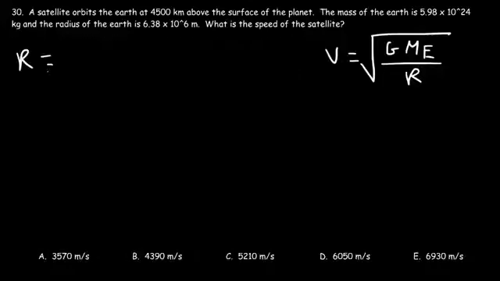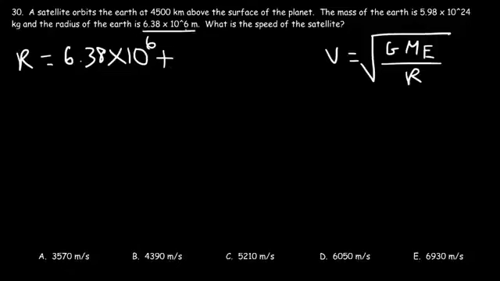So the radius of the satellite's orbit is going to be the radius of the Earth plus the height of the satellite above the Earth's surface. Now, the radius of the Earth is in meters, and the height of the satellite is in kilometers, which we need to convert to meters. 1 kilometer is 1,000 meters, so we're going to multiply this by 1,000. 4,500 times 1,000 is 4.5 million, or 4.5 times 10 to the 6. 10 to the 6 is 1 million.